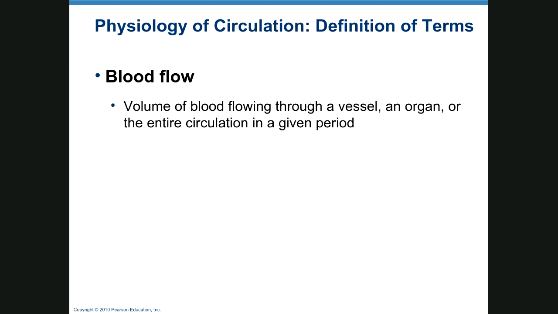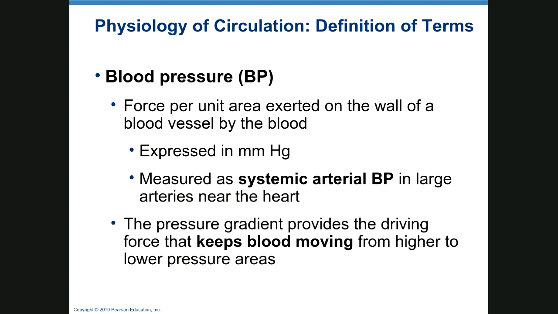Okay, another definition here, blood flow, and it's pretty obvious. It's the blood that's flowing, but you can define it as blood flowing through a vessel, through an organ, or through the entire circulatory system in a given period. Blood pressure is the force per unit area on the wall of the blood vessel, and we measure it in millimeters of mercury.